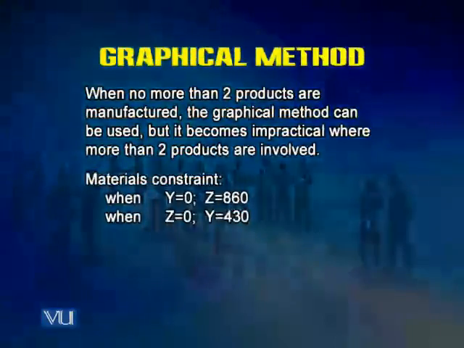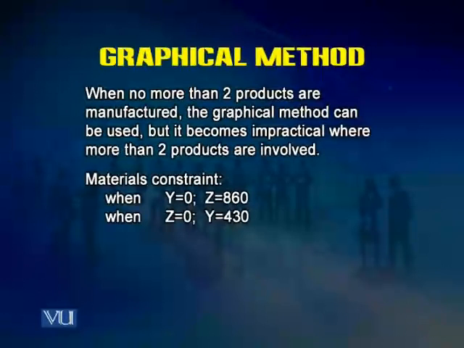So when you are looking at 2 products, you can use the graph. But beyond 2 products, you cannot use the graphical method, and there the complexity goes into higher mathematics, and that situation is not what we are going to consider in this very course. We are going to consider a maximum of 2 products which we are going to allocate the resources to.